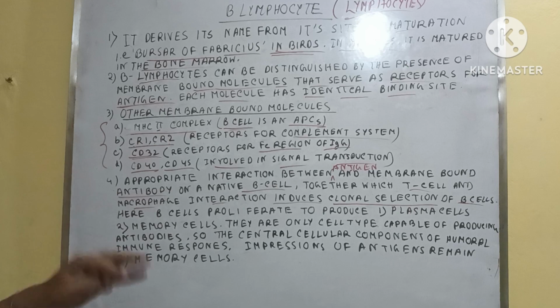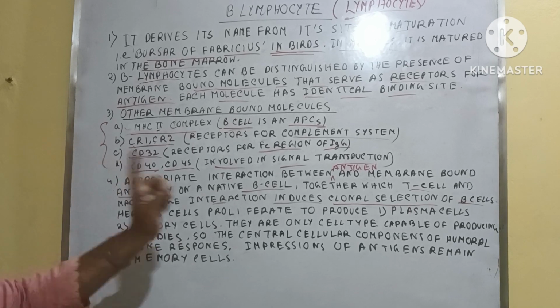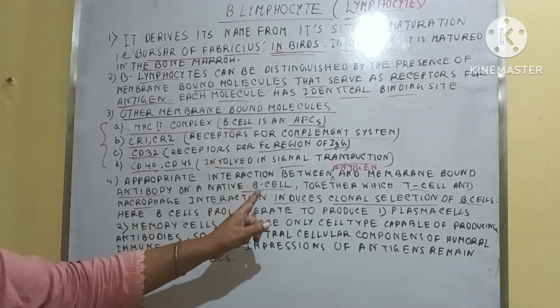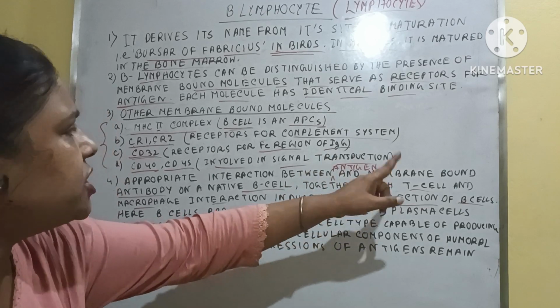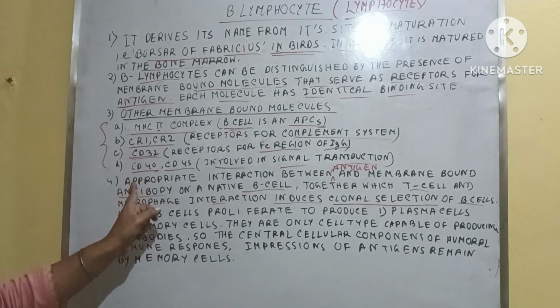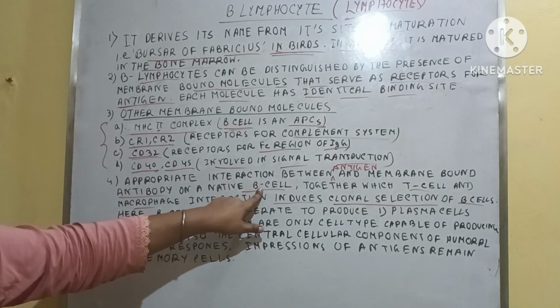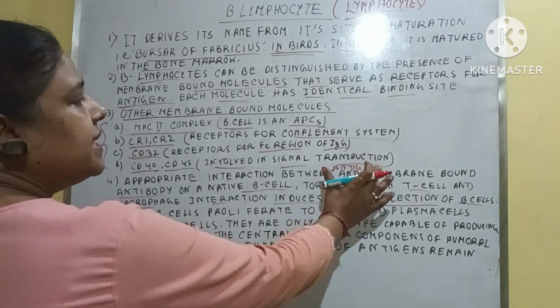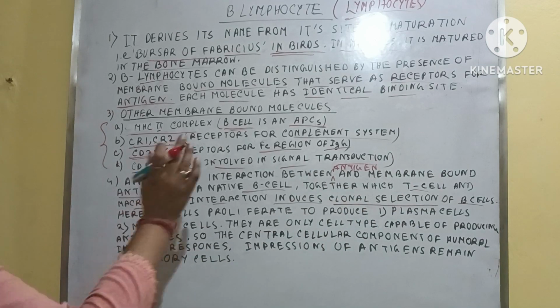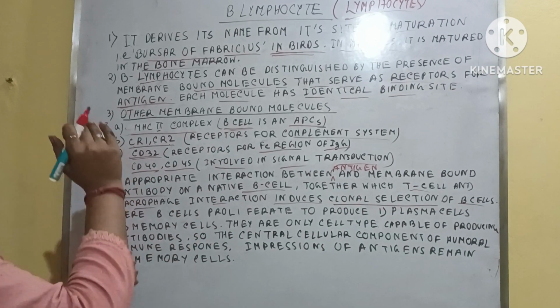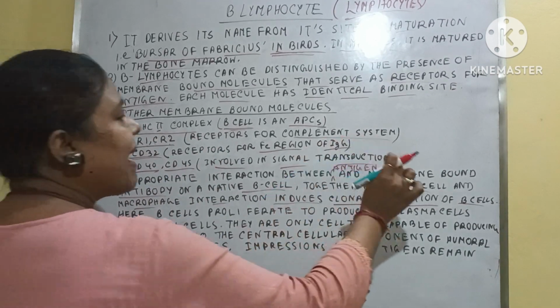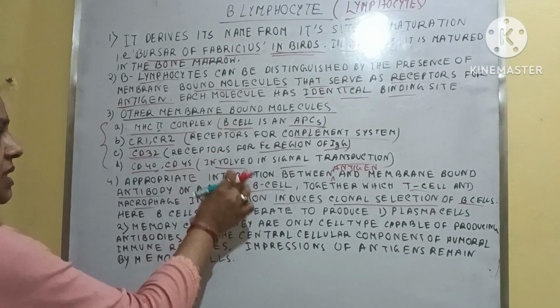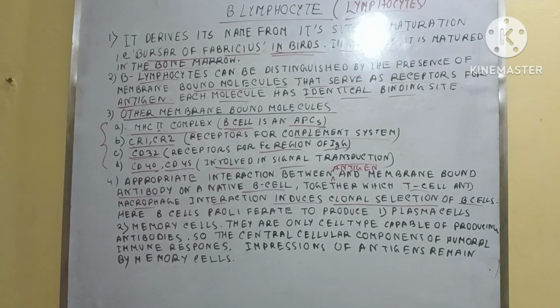Is it clear? Again I repeat, the binding of antigen and membrane bound antibody on a B cell is recognized by the T cell, which binds with it for the degradation of the antigen.